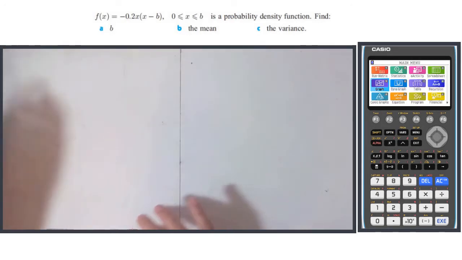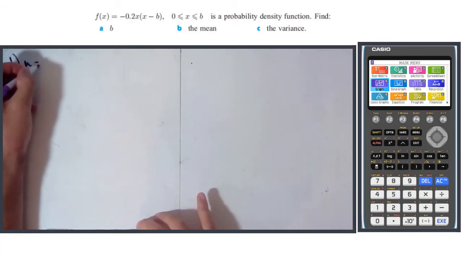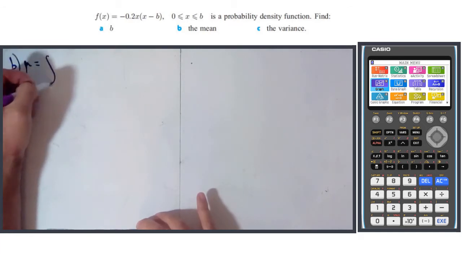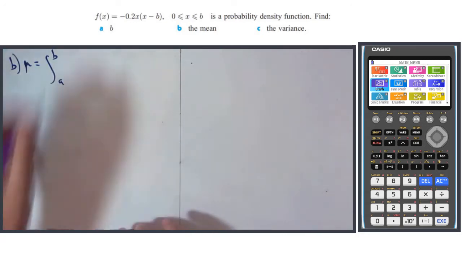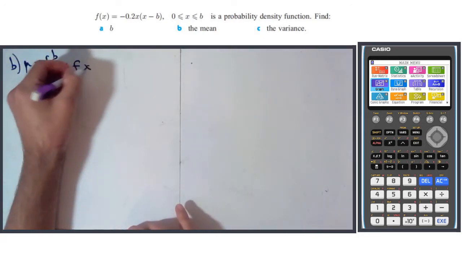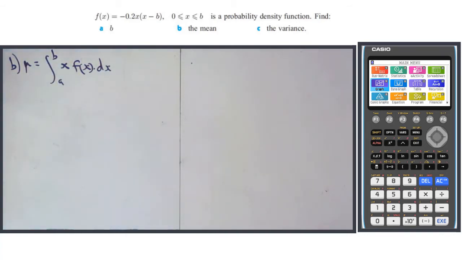Part B. We need to find the mean, and you should know that the mean equals the integral from b to a of x times f(x) dx. That's just a standard formula for a PDF.